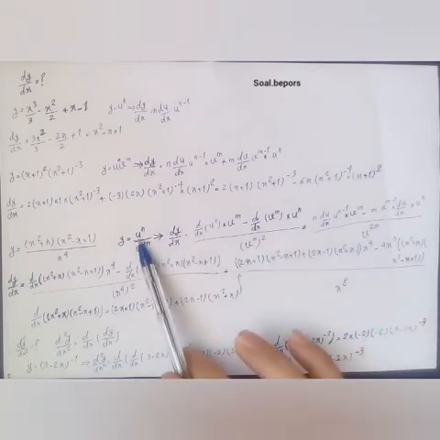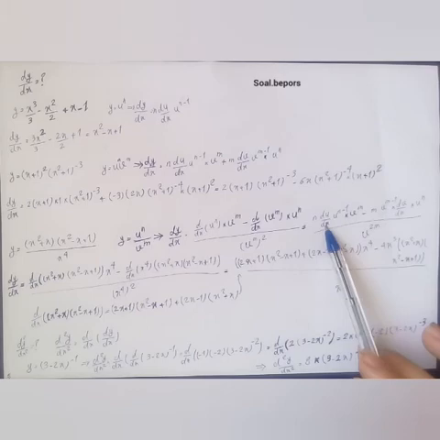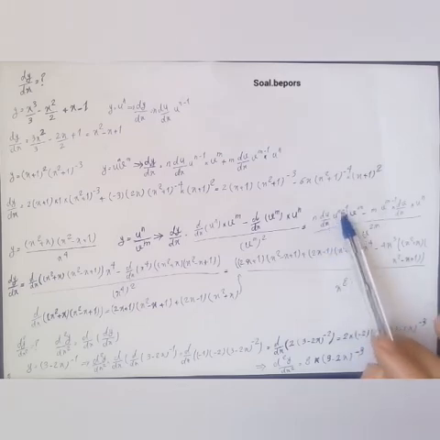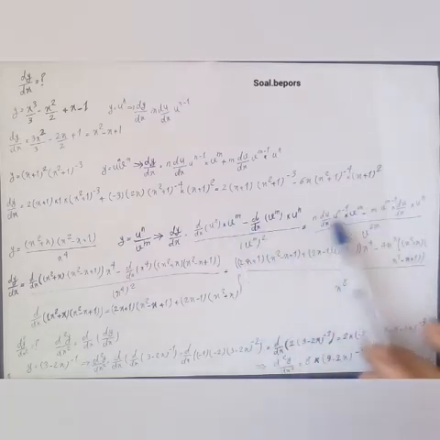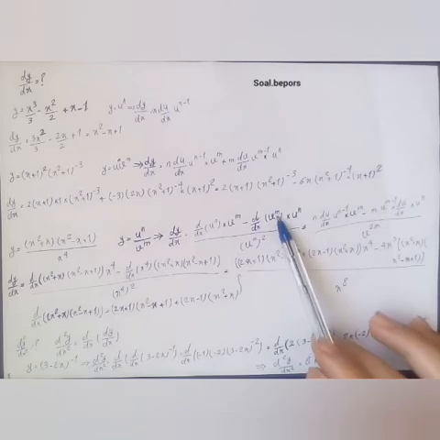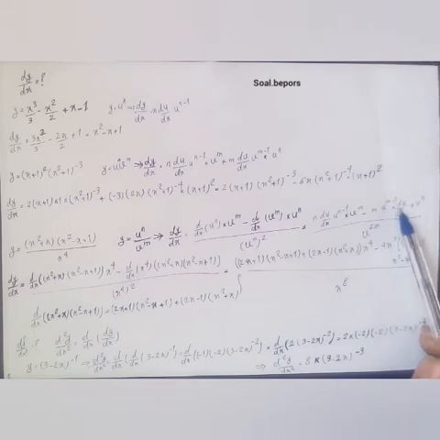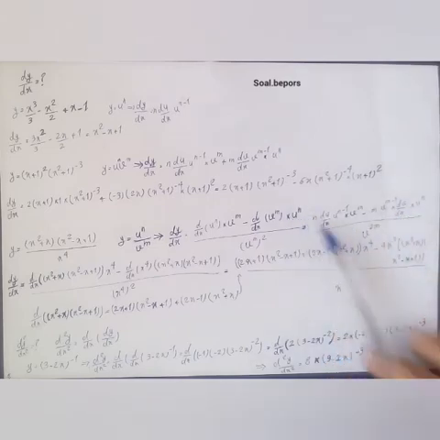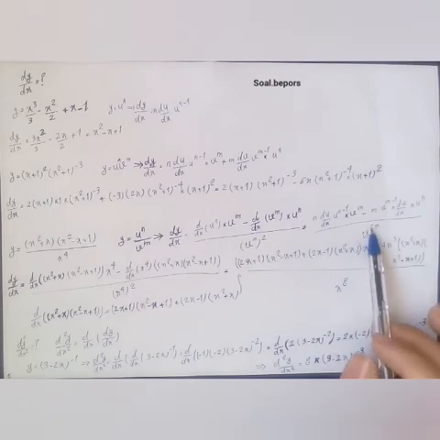So dy/dx of the numerator is n du/dx u^(n-1) multiplied by v^m, minus dy/dx of v^m, which is m v^(m-1) dv/dx, multiplied by the numerator, that is u^n, divided by v^(2m).